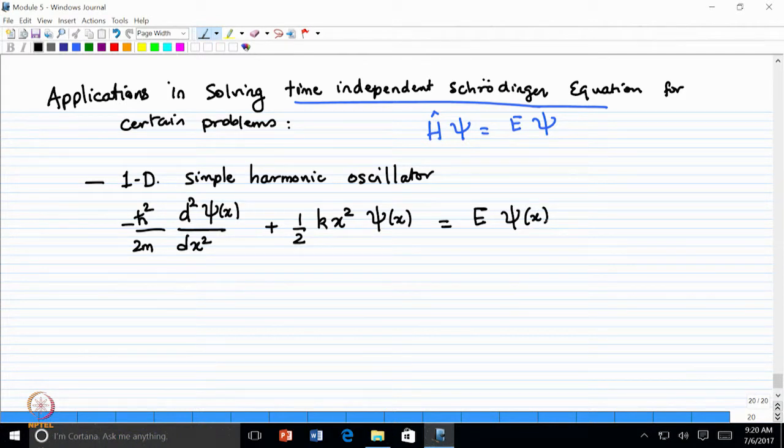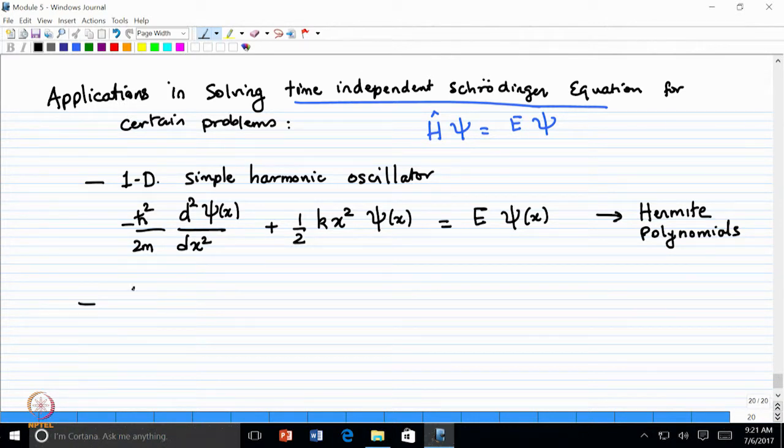What you want to solve for is both psi of x and E. The solution involves Hermite polynomials. You can solve this using the power series method and you get something called Hermite polynomials. The power series method will converge to give these Hermite polynomials.